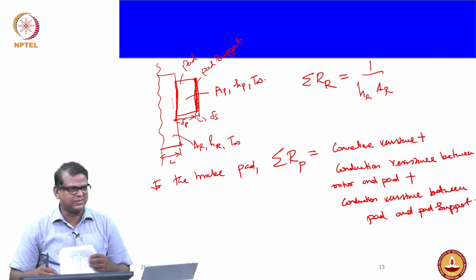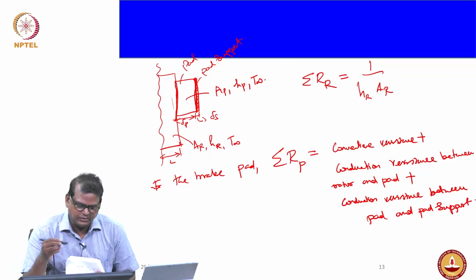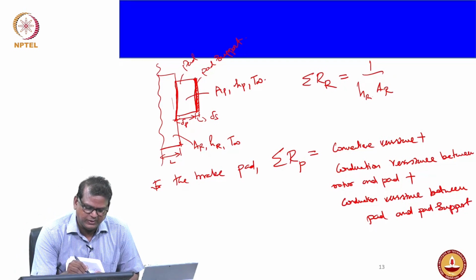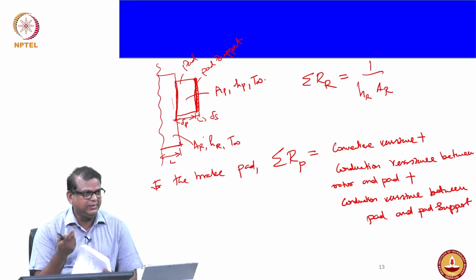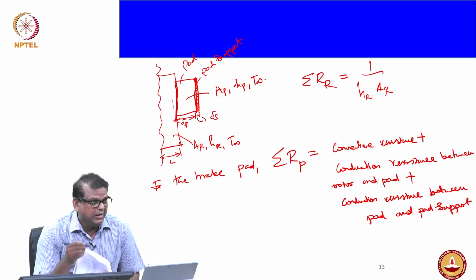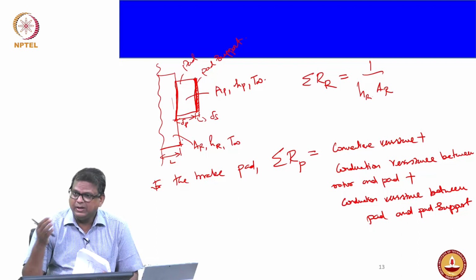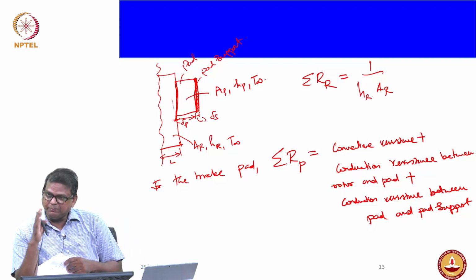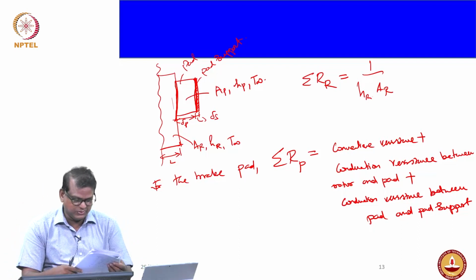So, we have three things. We have the heat dissipation by convection, the heat dissipation by conduction between your drum as well as the pad, and also conduction between the pad as well as the support. So, all those things are there.